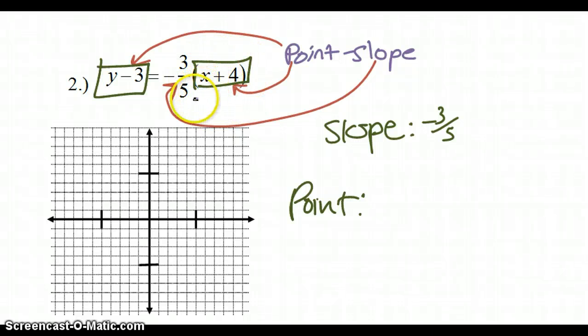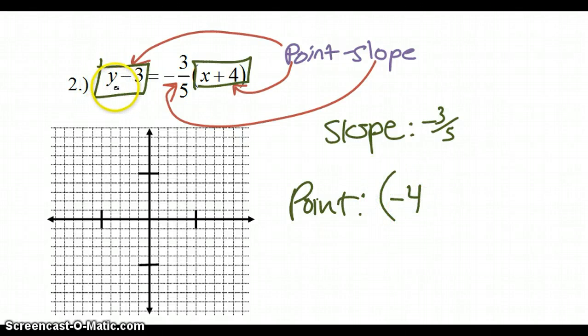So we're looking for what x would make this whole parentheses equal to 0. The answer is -4. It happens to be the number with the opposite sign of whatever number is added or subtracted from the x, but it also can be thought of as what number plus 4 would make this 0. So -4.